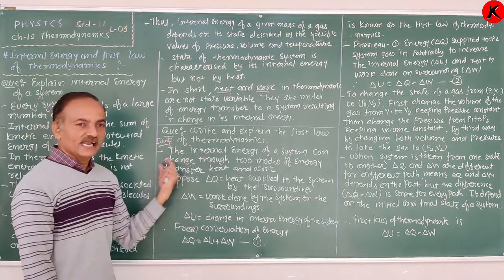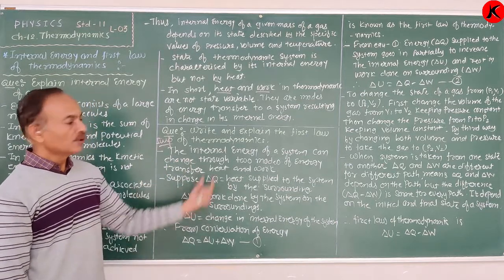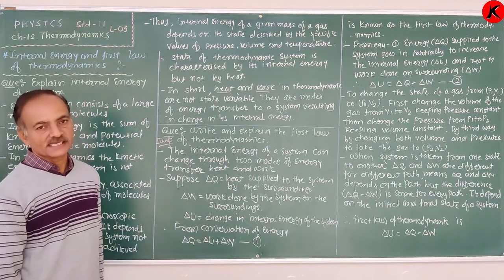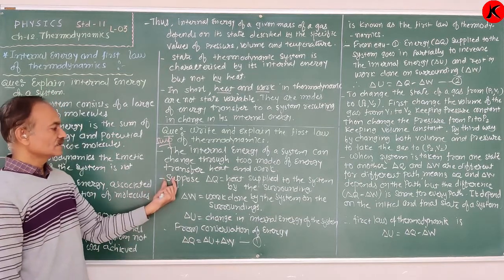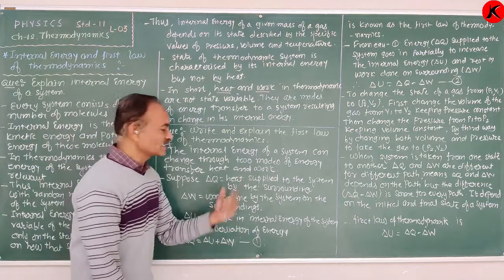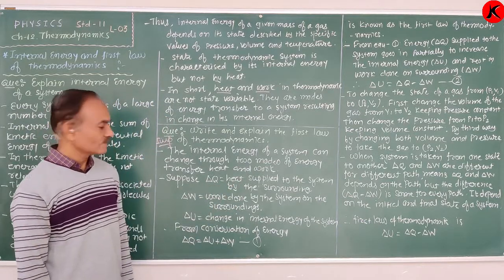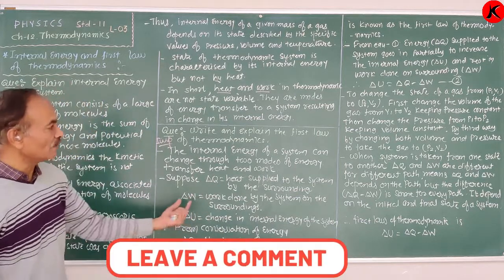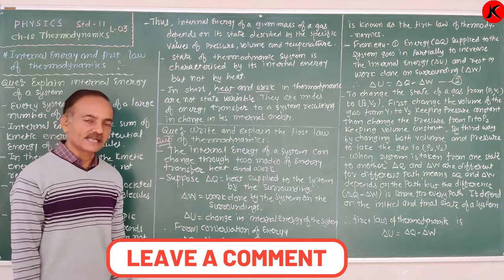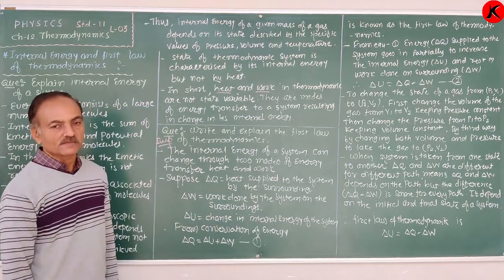Suppose delta Q is equal to heat supplied to a system by the surroundings, delta W is work done by the system on the surroundings, and delta U is equal to change in internal energy of the system.